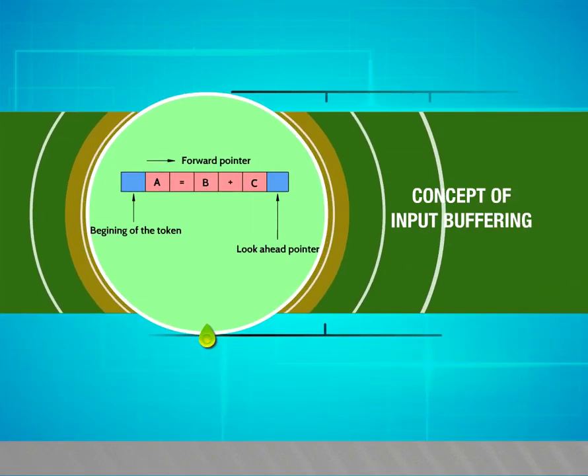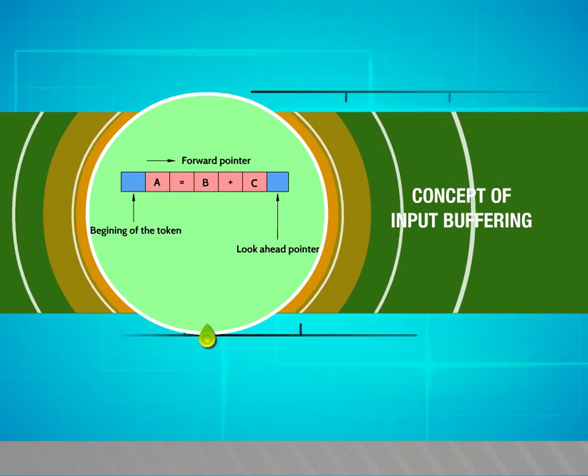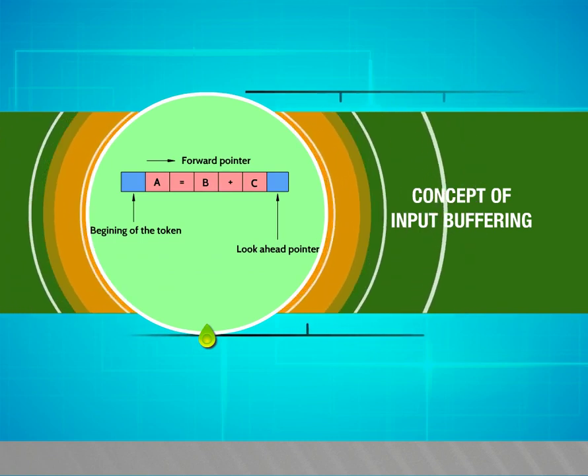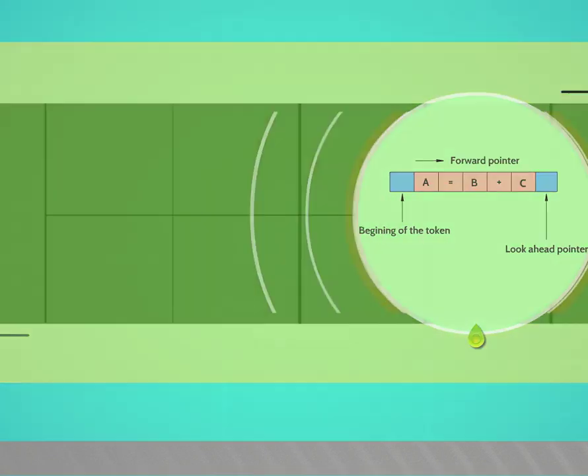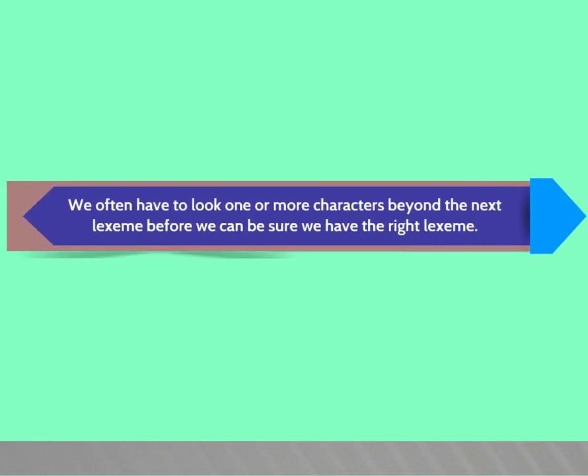Concept of input buffering. In this video, we are going to see about the concept of input buffering. We often have to look one or more characters beyond the next lexeme before we can be sure we have the right lexeme.